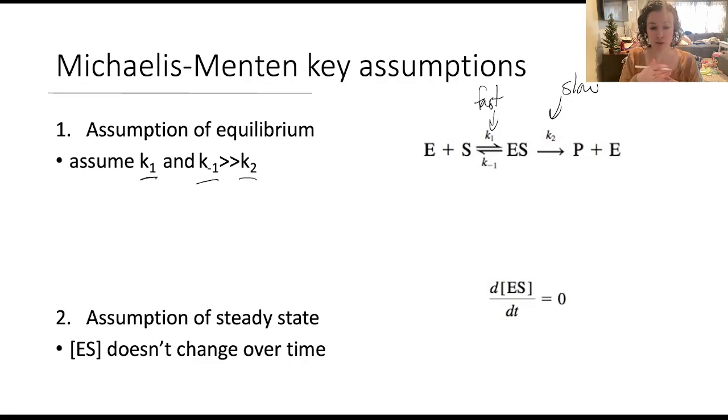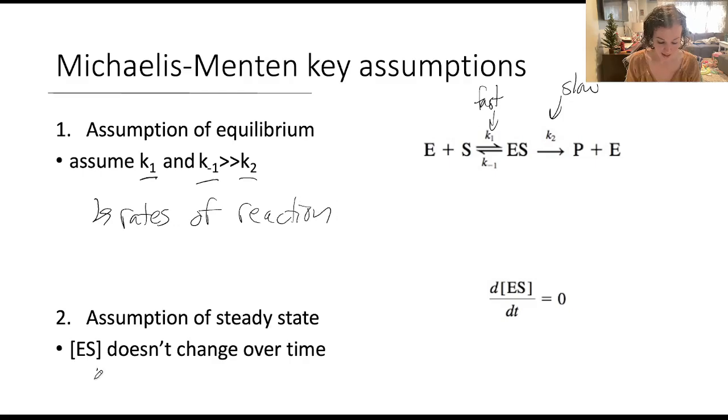that then allows us to have this second key assumption, the assumption of steady state. And steady state, I want to emphasize here, is different than equilibrium. In equilibrium, we're talking about rates of reaction. And in steady state, I want you to think that is more of homeostasis, or that the concentrations of things aren't changing.